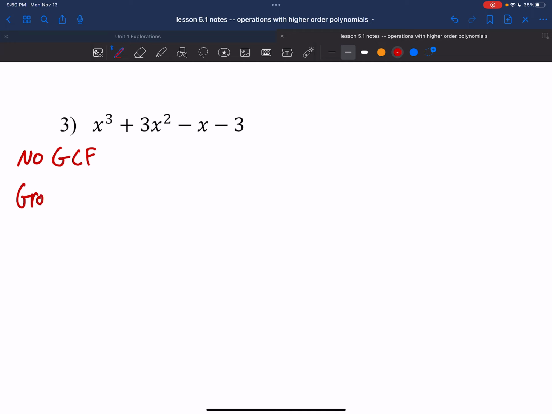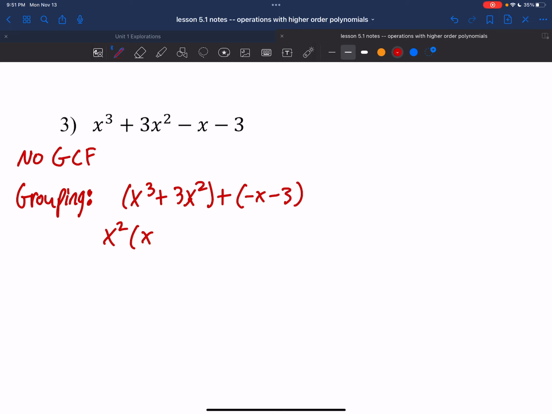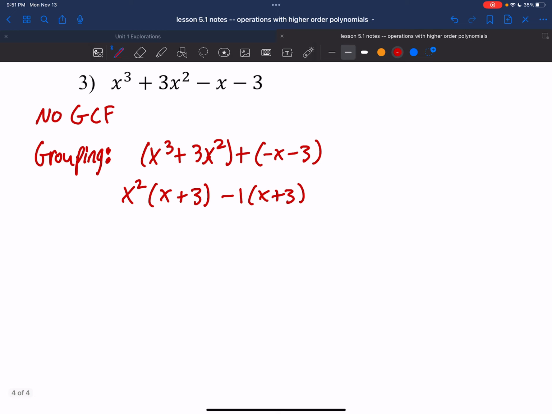So if I do grouping, I'm going to get x cubed plus 3x squared, and then plus negative x minus 3. Let's see, they have an x squared in common here, so that's x plus 3. And then minus 1, this is now x plus 3. Okay, cool. So this factors as x plus 3, and then x squared minus 1.